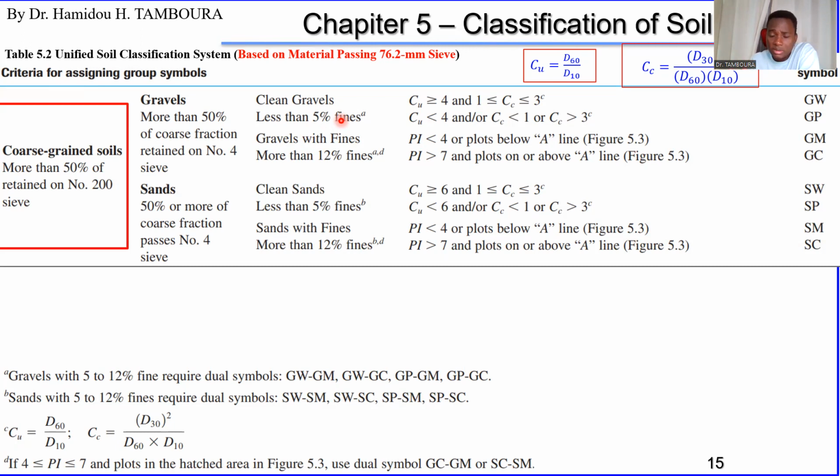If it is less than 5%, then you will have clean gravel or clean sand, depending on whether you have gravel or sand. However, if the percentage of fines is more than 12%, in that case it is not clean sand or clean gravel.